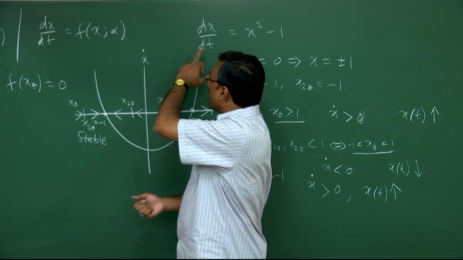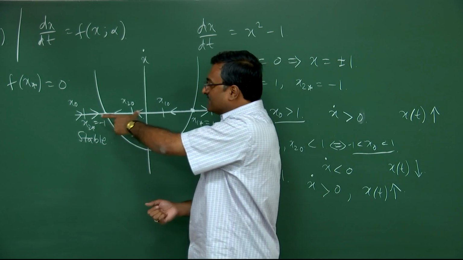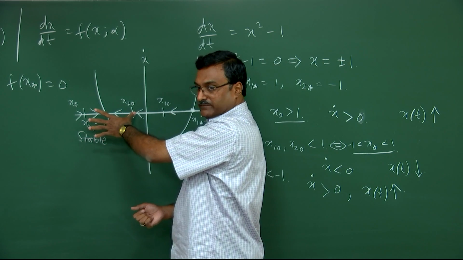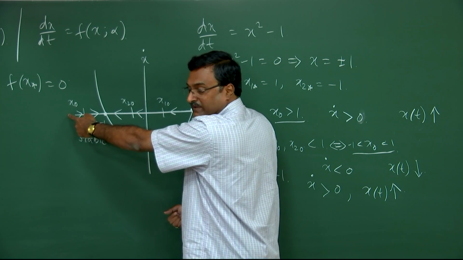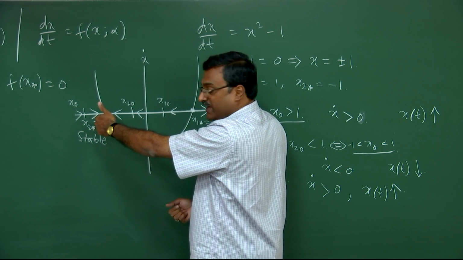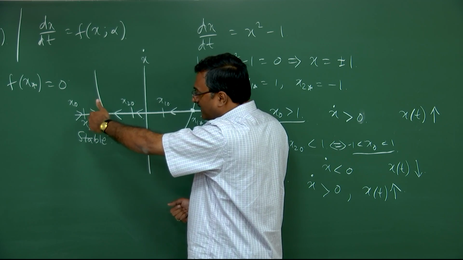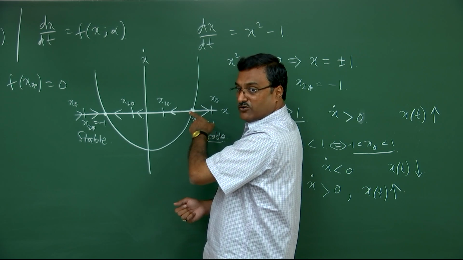Although the given problem is defined over the entire real line, this property is valid only within this domain. Similarly, if you start from some point here, it will converge to this equilibrium point x2 star equal to minus 1. It does not have any capability to cross this equilibrium and decide whether it will approach this point or not.